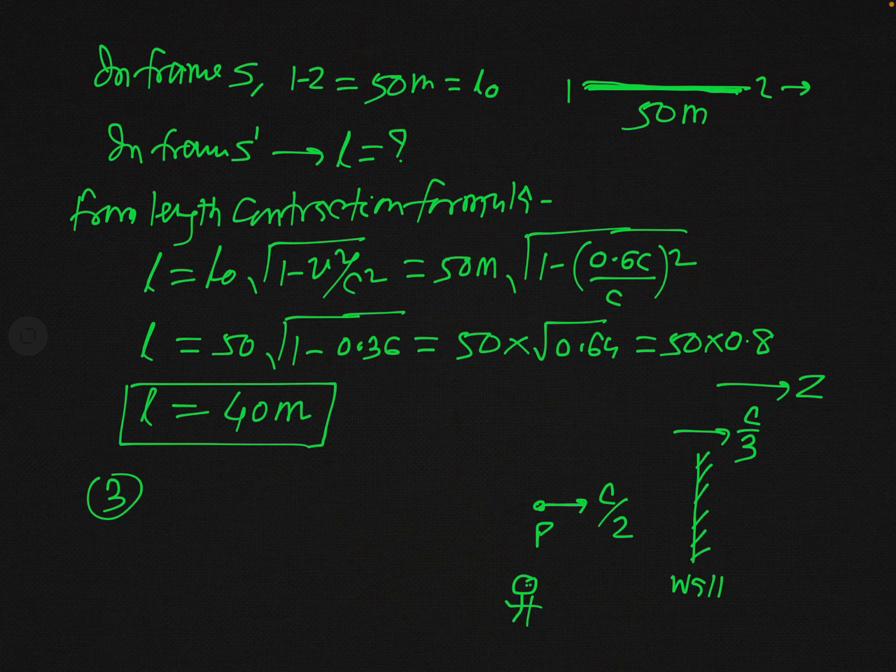Now the problem says that this particle suffers an elastic collision when it is incident on the wall. The particle is faster than the wall, so definitely after some time it will hit the wall, and after hitting it suffers an elastic collision.